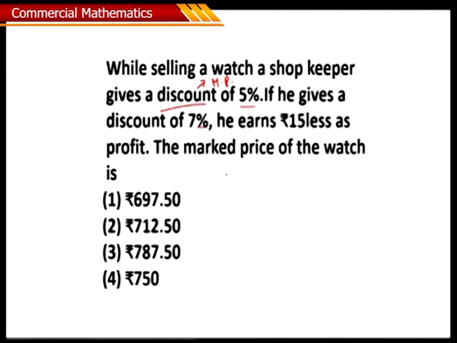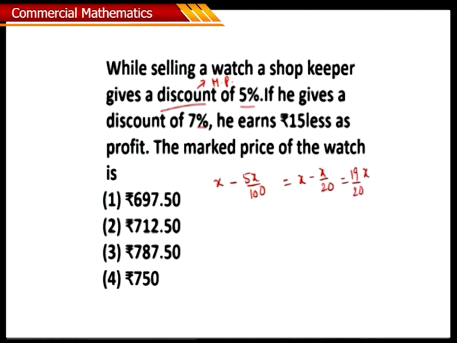Suppose the market price is X rupees and the discount is 5%. What is the selling price now? Here it becomes X minus 5x by 100, that is X minus X by 20. So it is 19 by 20 x.